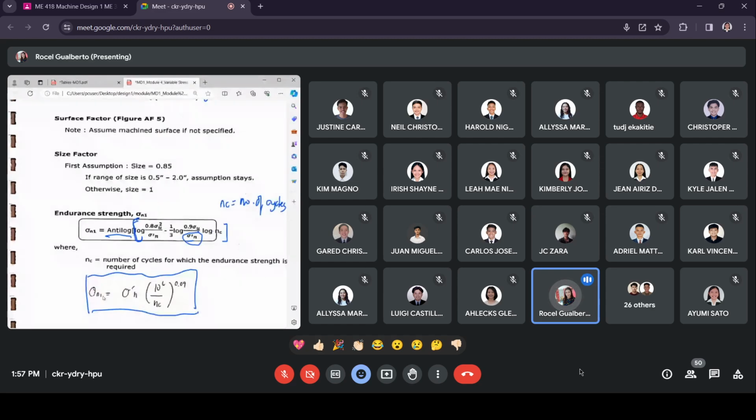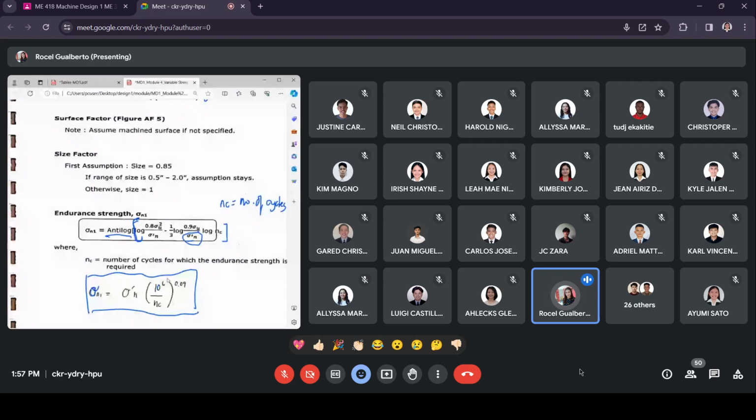Sigma n1 is equal to sigma prime n, times the quantity 10 to the 6 over the number of cycles, raised to 0.09. So you can use this equation also for your sigma n1.